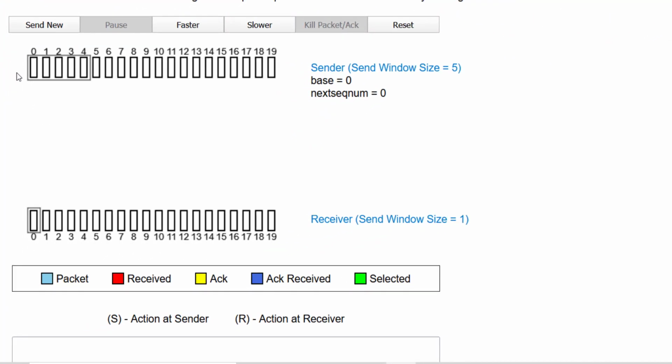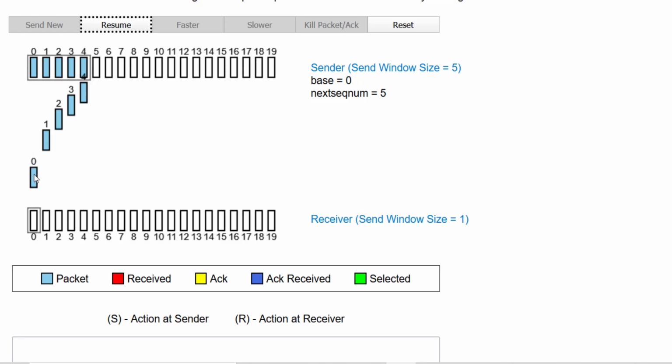See, this is the sender window, 0, 1, 2, 3, 4. In a window, the sender is going to send the packets one by one. The sender does not wait for the acknowledgement of the first packet.